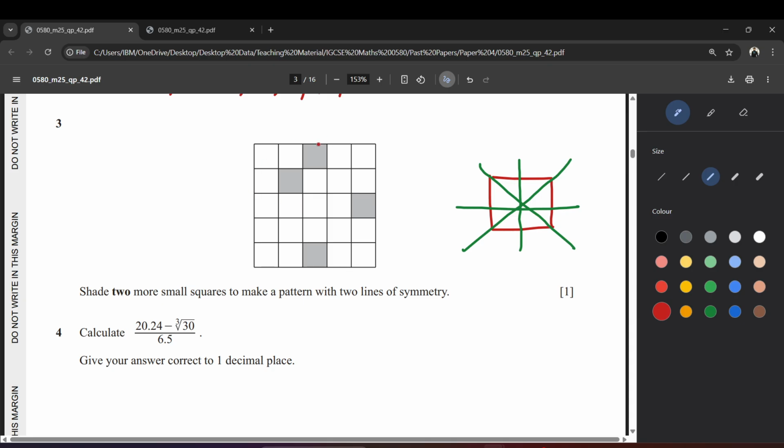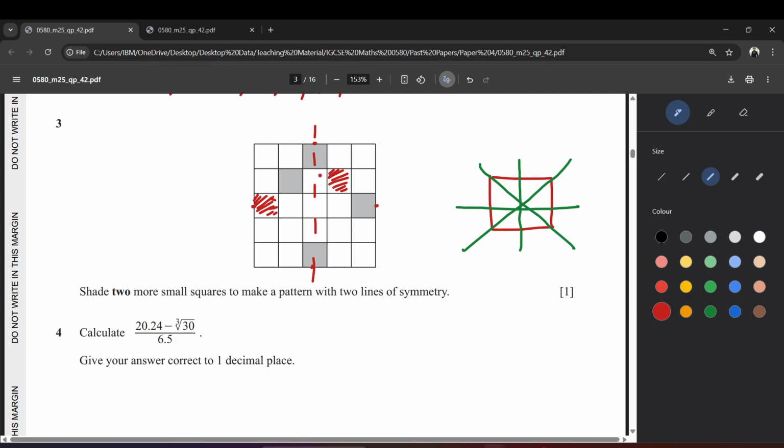Okay, now if you look over here, the center of this would be from here, a line from here to here. So let's say that I want to make the line of symmetry in this form. For this purpose, first of all, this box should be shaded. And secondly, this box should be shaded as well, right?